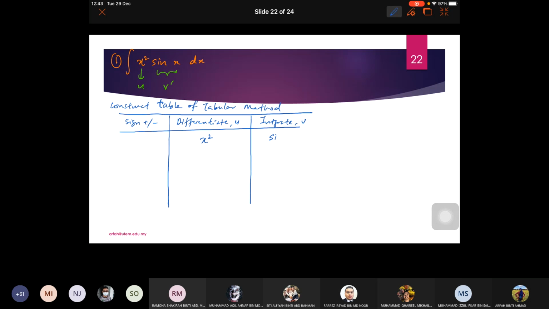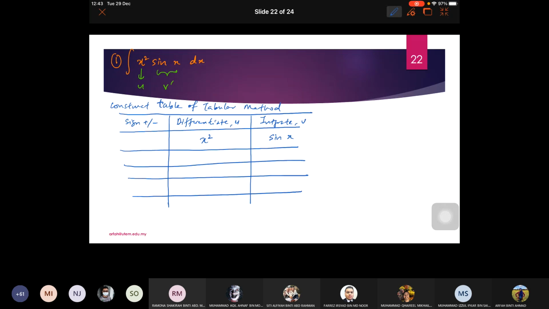Okay, so buat 4 kotak. Awak letak tanda alternate, plus minus sign, and then differentiate x kuasa 2. Dapat apa? 2x. Differentiate 2x, 2. Differentiate 2, kosong. Okay, so kita stop sampai kosong tu.